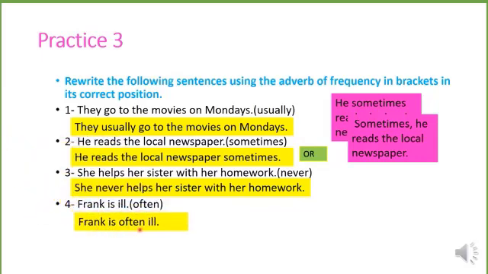Frank is often ill. I can't say Frank often is ill. It's wrong. We have to say Frank is often ill. Why? Because is the verb here, it's verb to be, okay? And adverbs of frequency should come after verb to be.